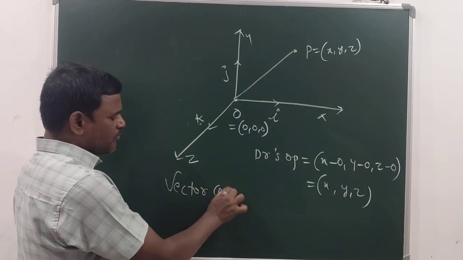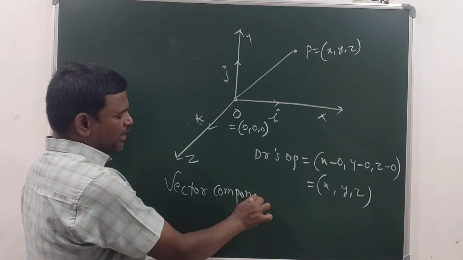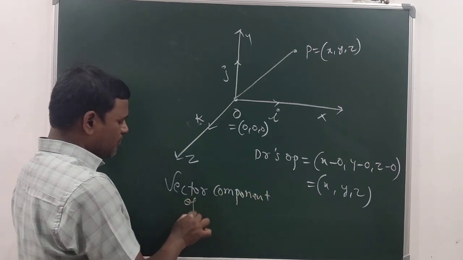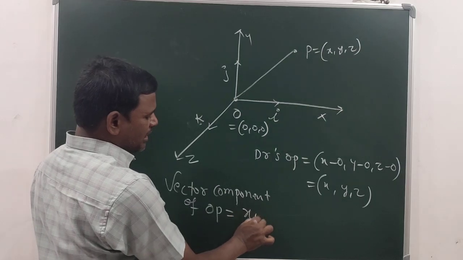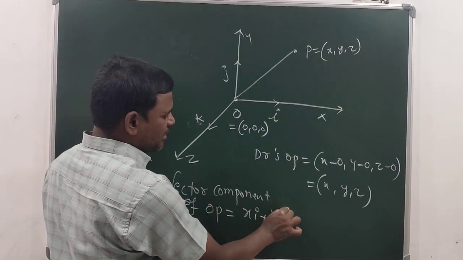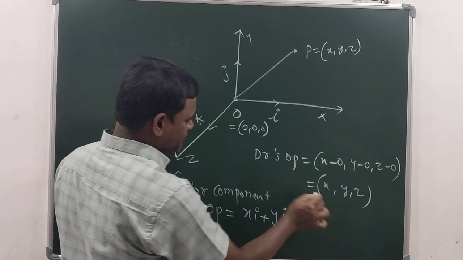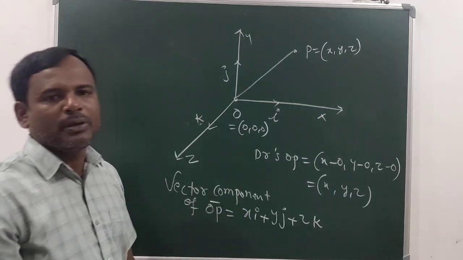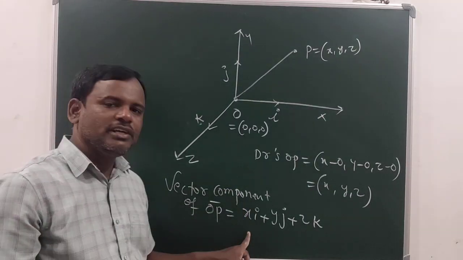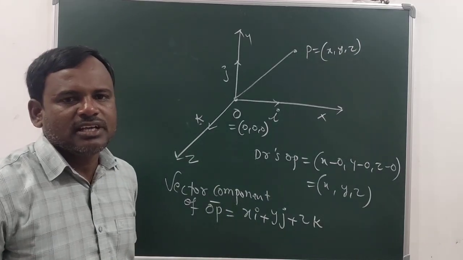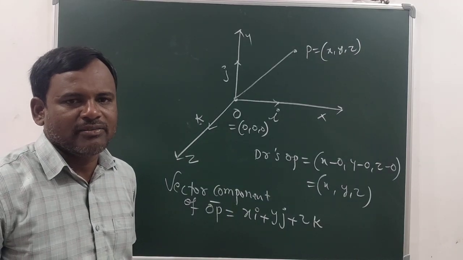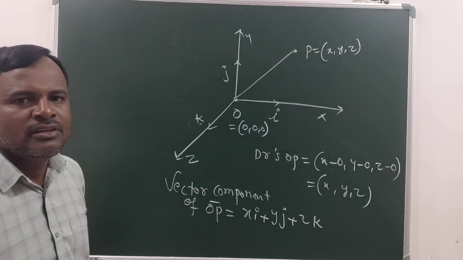so that you will get the vector component of OP as xi plus yj plus zk. You can write it as OP bar. What is it? Vector component of OP, xi plus yj plus zk. How did I write it?